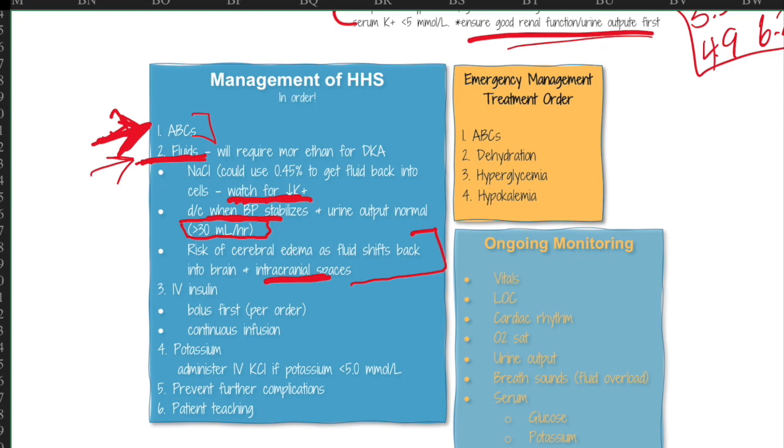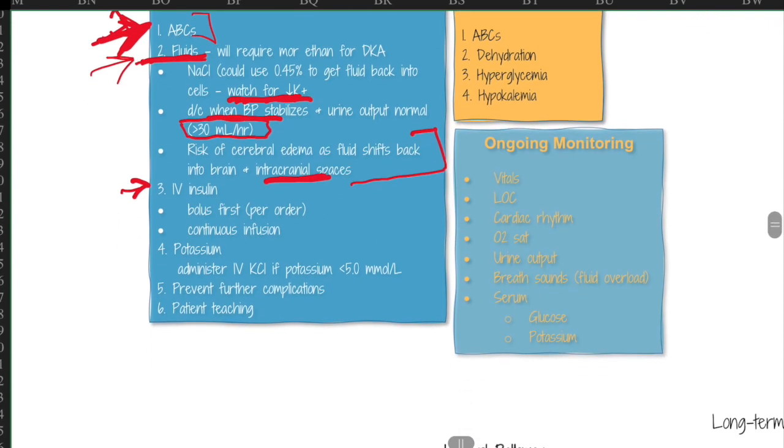And then your third thing, if you're counting your ABCs, would be your insulin. You give a bolus first, and then a continuous infusion. Don't worry, there will be an order, and there will be a lot of people around. You won't be doing it by yourself. Fourth thing we're going to look at is potassium. Probably going to administer potassium.